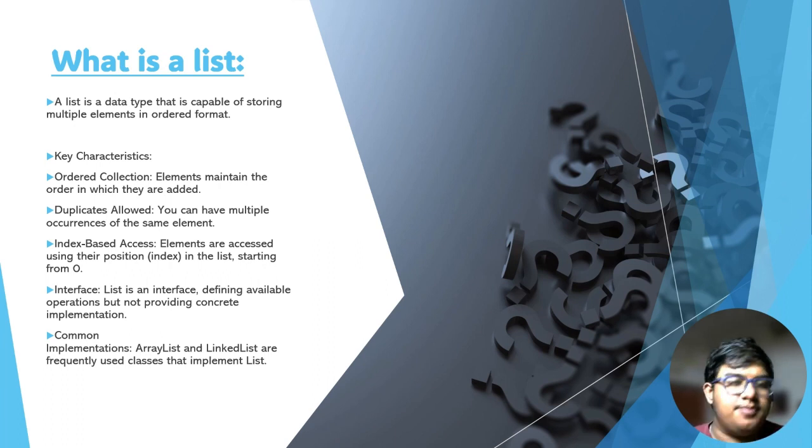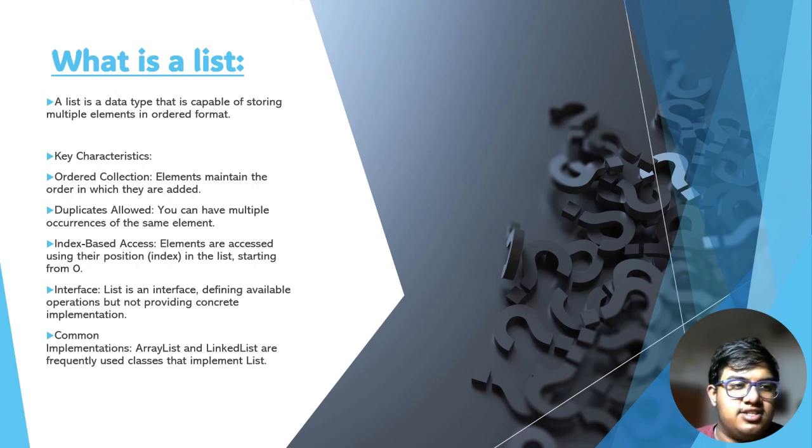What is a list? A list is a data type that is capable of storing multiple elements in an ordered format. It provides some of the key characteristics which help the programmers to alternate data and such.